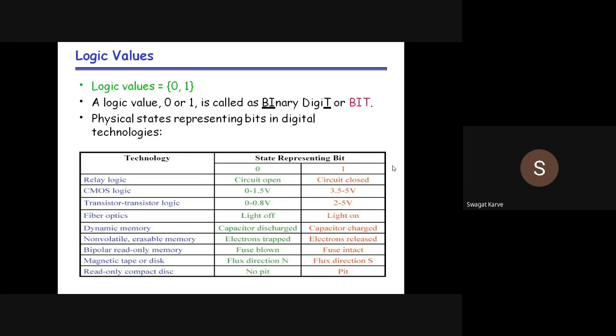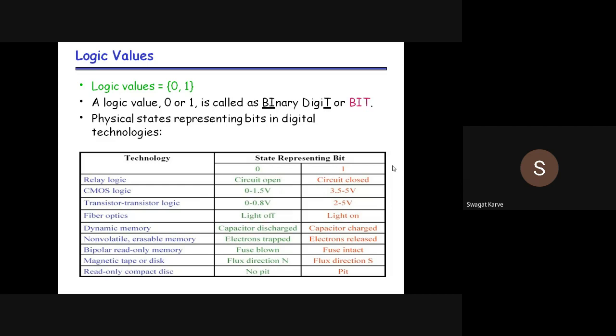Then in case of dynamic memory, how will you treat it? In case of dynamic memory, the capacitor discharged is logic 0. That means there is no charge in the capacitor. That you can call logic 0.